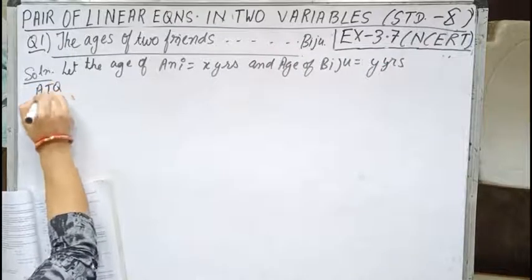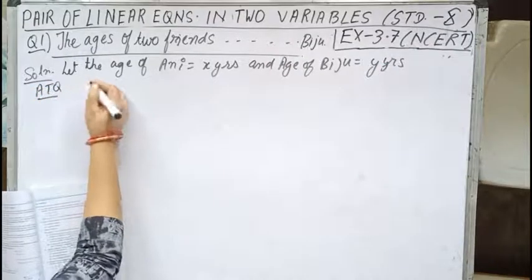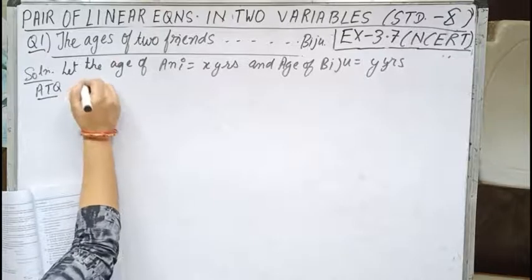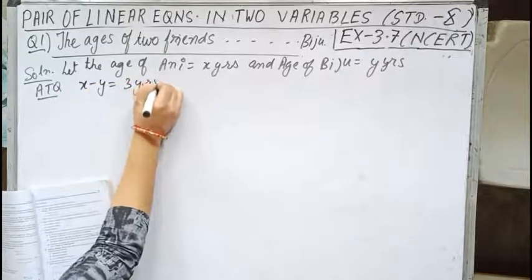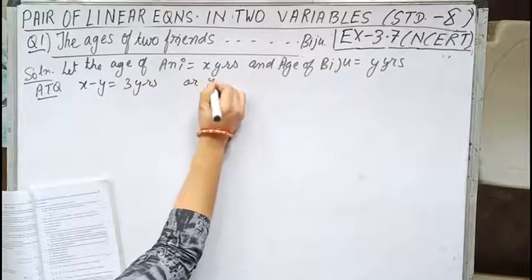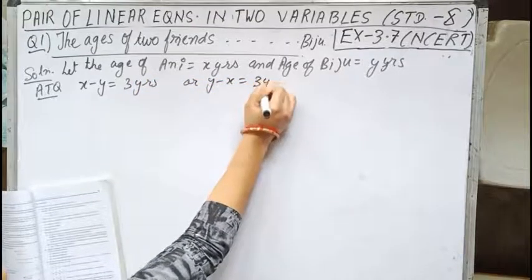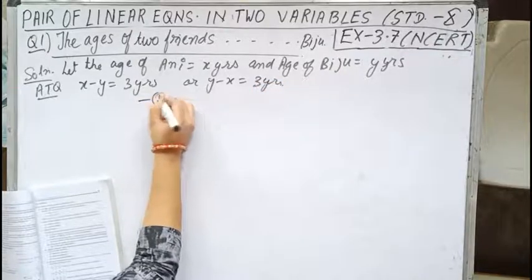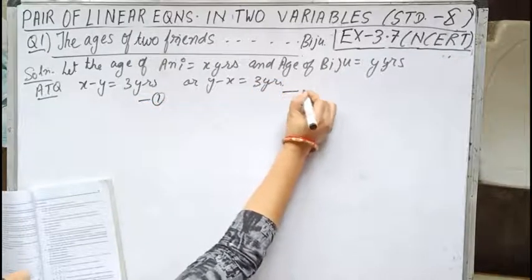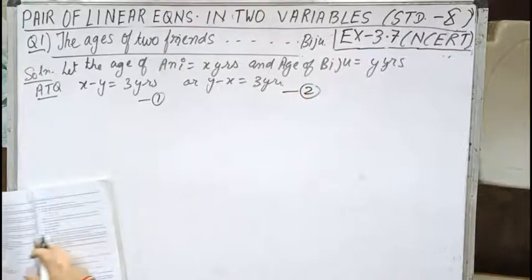According to the question, Annie minus Biju equals 3, means they differ by 3. According to the question, x minus y equals 3 years or y minus x equals 3 years. Let us make this equation 1 and this equation 2.